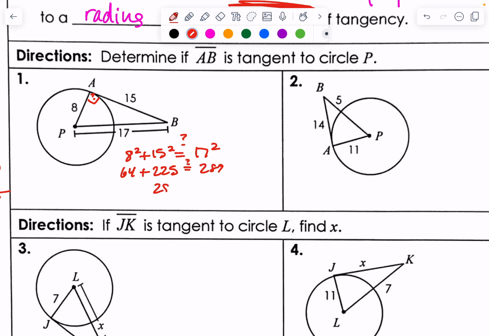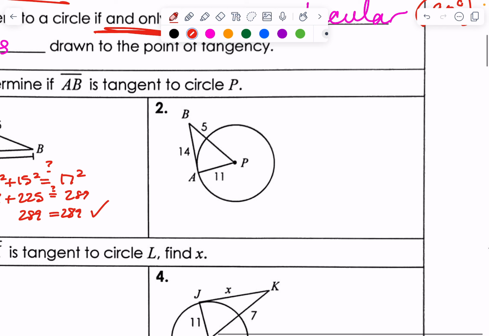We add that together and we get 289 equals 289. So yes, in that case, AB is tangent to circle P because it's perpendicular to the radius of 8. So now let's look at the second example.